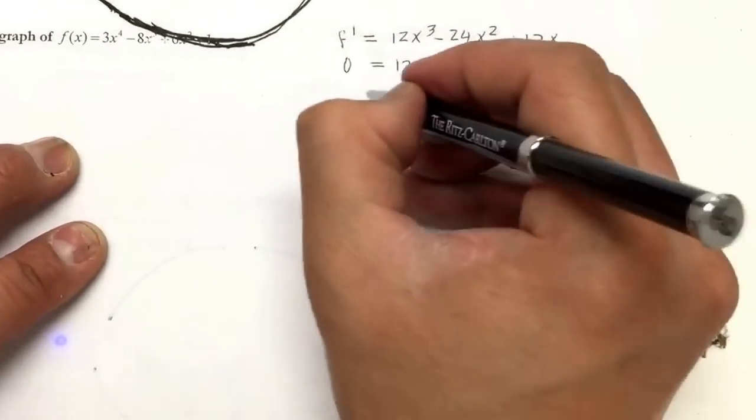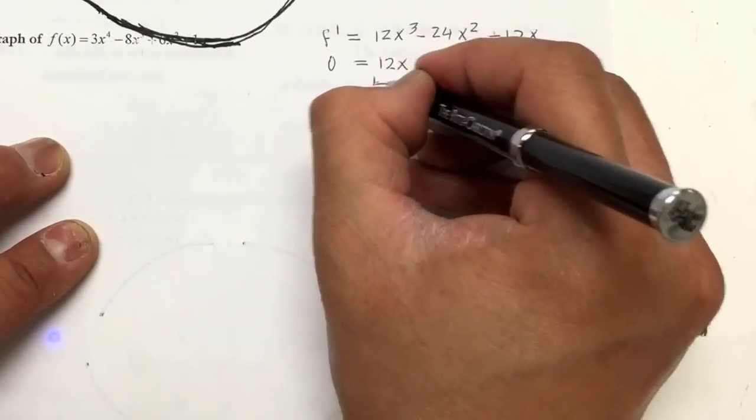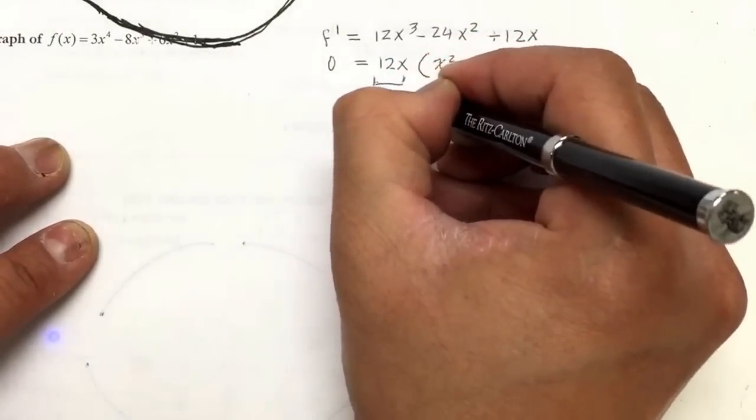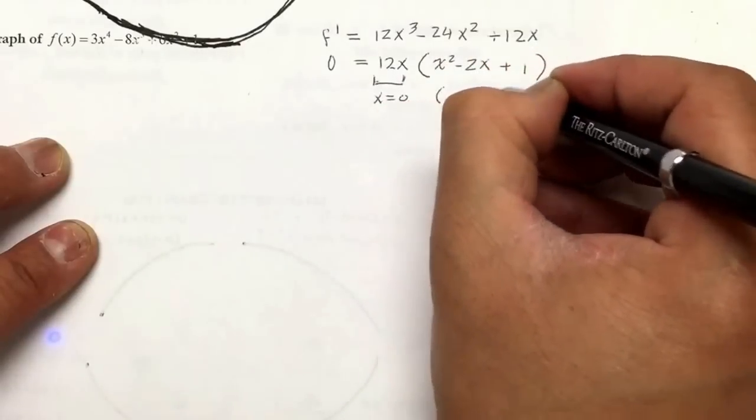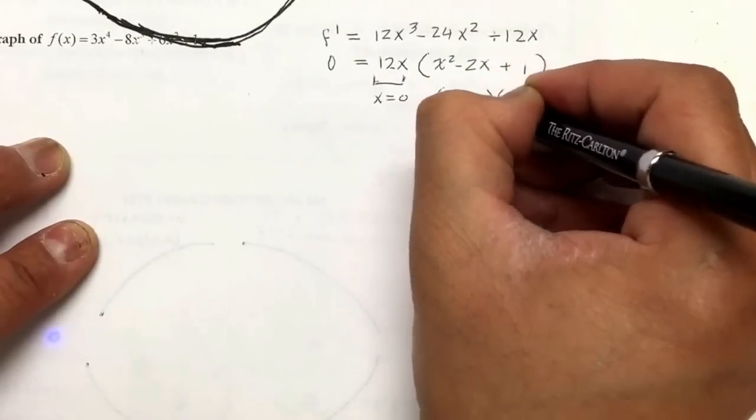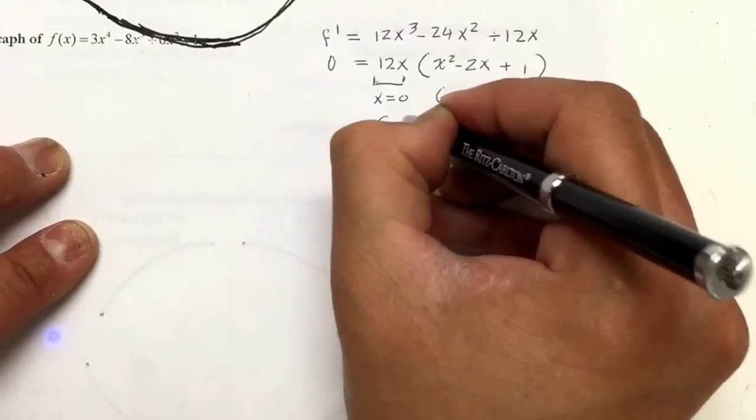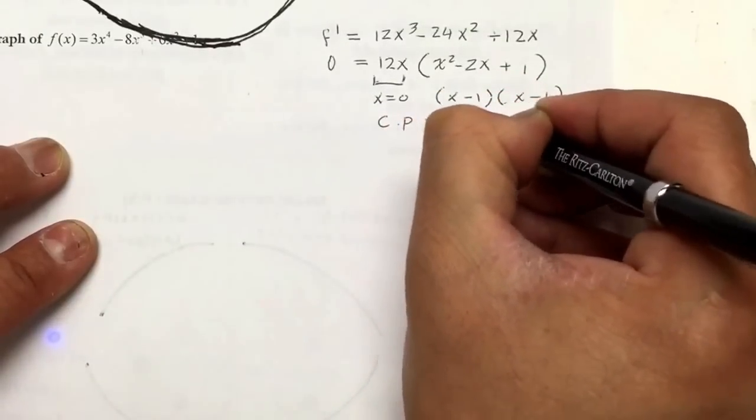So our critical points are going to be x equals 0 and 1.